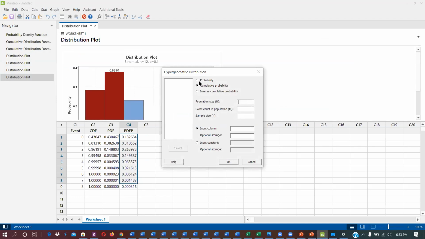Here I'm just going to check. Population size is 10. Sample size is 3. Event count in population, 2 are defective. Now look into that. You can check 0 are defective in sample. You can check 1 is defective. You can check 2. Let me go with 1. And we are just looking at the probability. We are not going CDF.